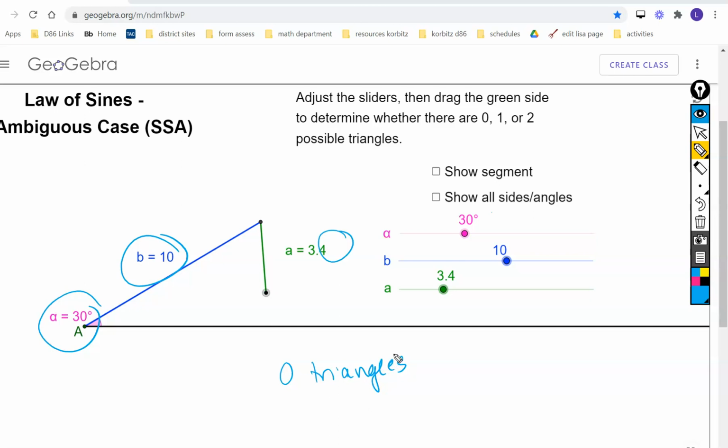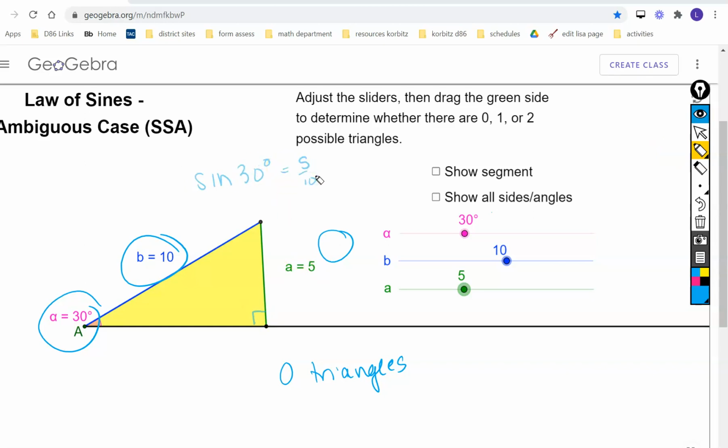Now, what if I made this A a little bit longer? Okay, it's a little bit touchy here. All right, so notice, and I purposely picked 30 degrees because the sine of 30 is 1/2, right? So I knew that if this is a right triangle, I could say the sine of 30 degrees is opposite over hypotenuse, right?